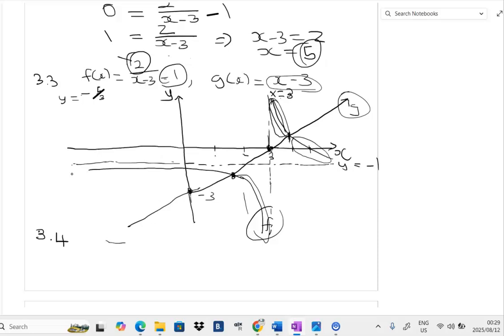How do we find that? We find it by the point of intersection. At that point they are equal, so we can equate the equations.